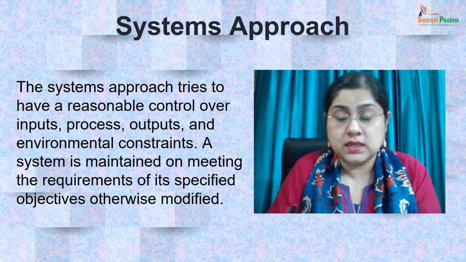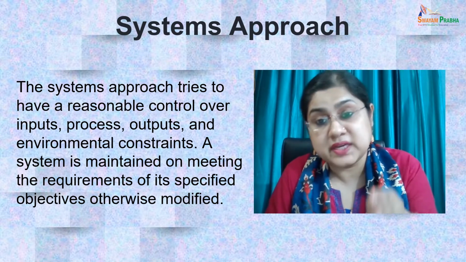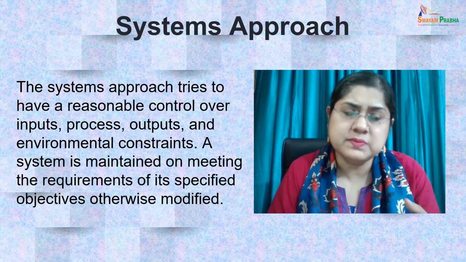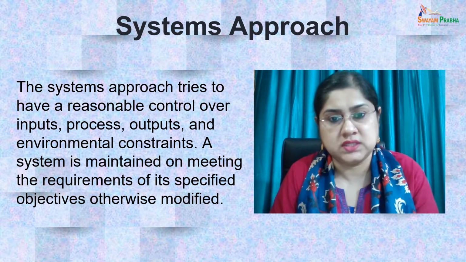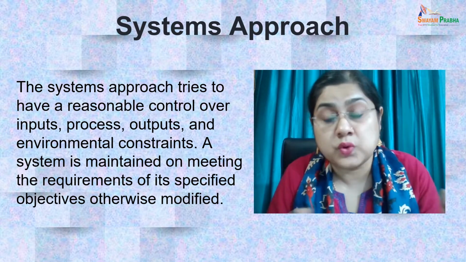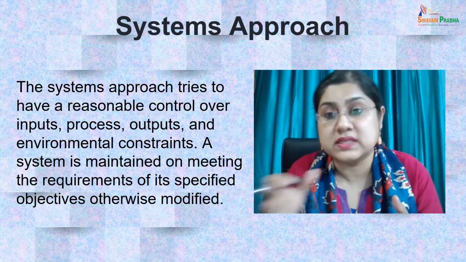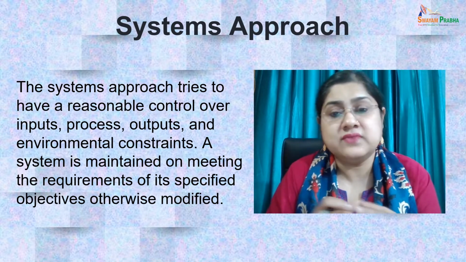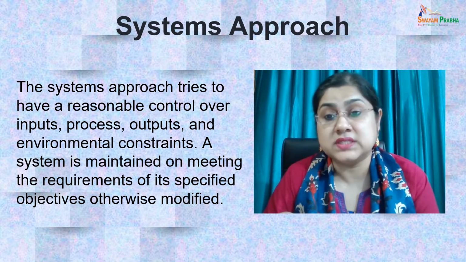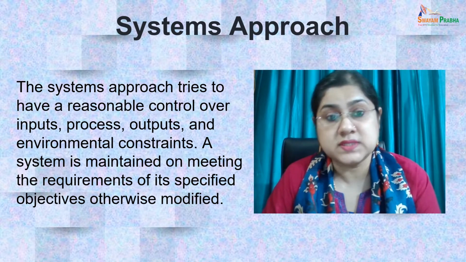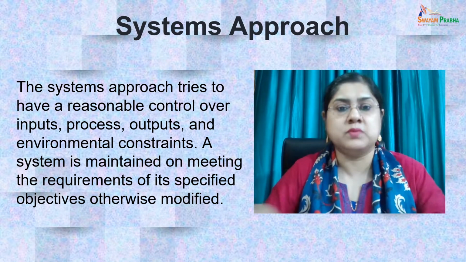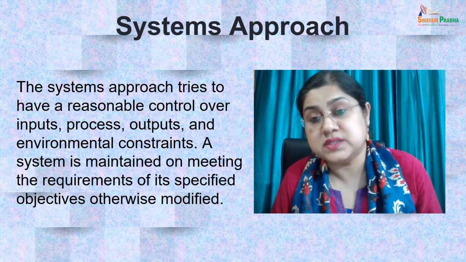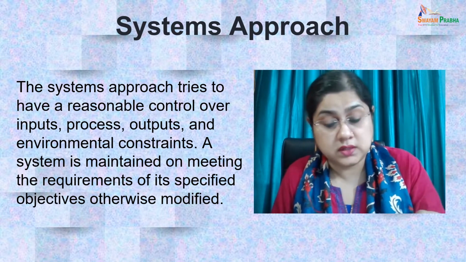So either an adjustment is made in the content or in the process, or at times we have to adjust both things, the input as well as the process. And also there may be a need for change and development in the existing norms under which the whole system operates.